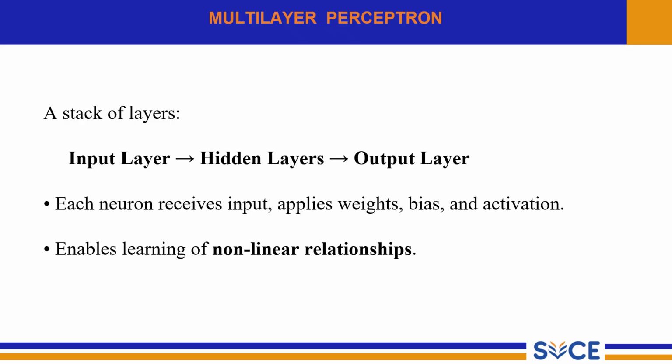Then finally we arrive at the output layer, which delivers the final prediction or classification result. This layered architecture, input, hidden and output, is what enables neural networks to tackle complex tasks like image recognition, language translation and decision making with remarkable accuracy.